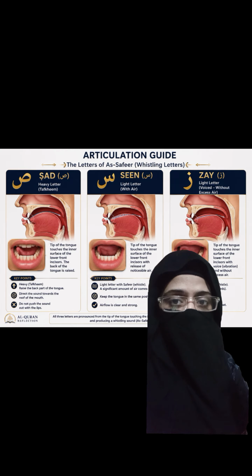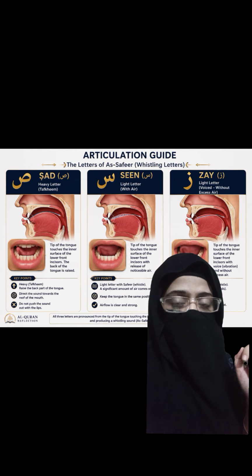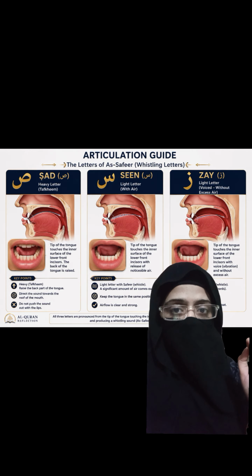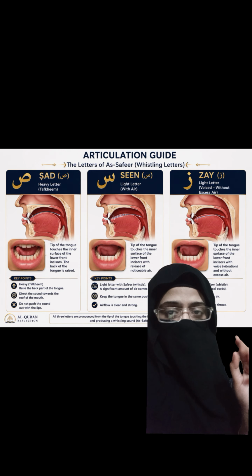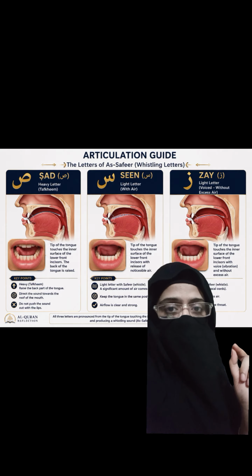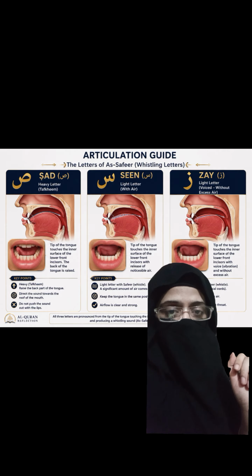You have to see these three postures. Keep in mind: number 1, the tongue remains inside the mouth. Number 2, the airflow passes smoothly toward the small opening. Number 3, this creates the characteristic sound of these letters.